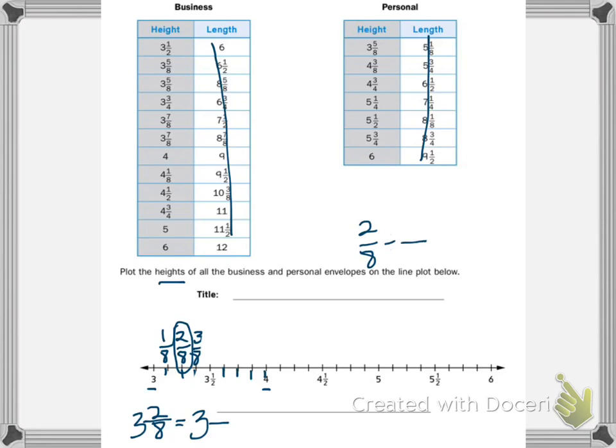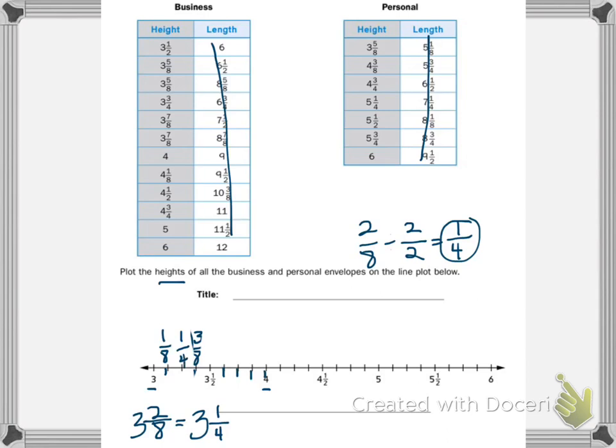What number can go into 2 that also goes into 8? If I think of 2, the only numbers I can divide it by are 1 and 2. So let's try 2. 2 divided by 2 is 1. 8 divided by 2 is 4. So 3 2/8 is the same as 3 1/4. So instead of keeping that 2/8, I'm going to change this to a 1/4.